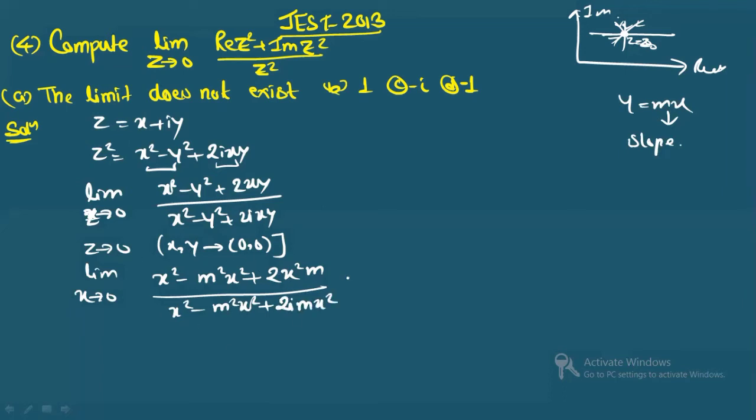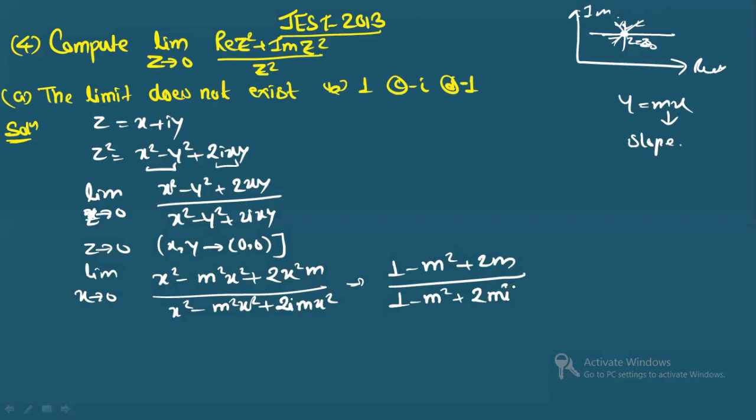From the entire term, if I take x square common, then you will get 1 minus m square plus 2mi by 1 minus m square plus 2mi. This is what you will get.